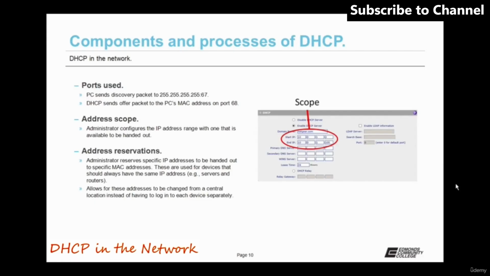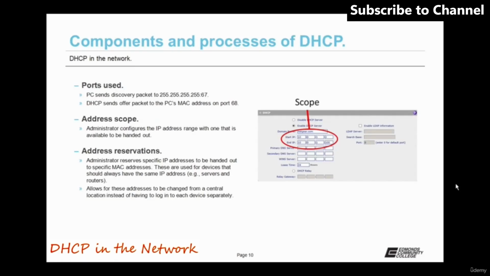Then there's the address scope. The address scope is the IP address range that the administrator configures on the DHCP server. It is the range of addresses that the DHCP server can hand out to individual nodes. There's also what are called address reservations. Now, these are administrator configured reserved IP addresses. The administrator reserves specific IP addresses to be handed out to specific MAC addresses.